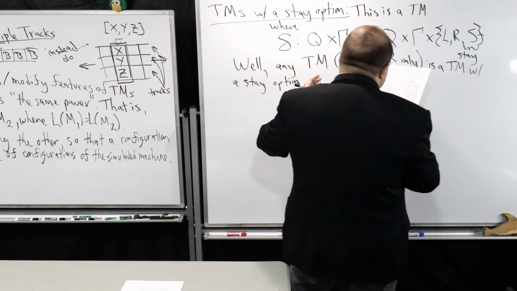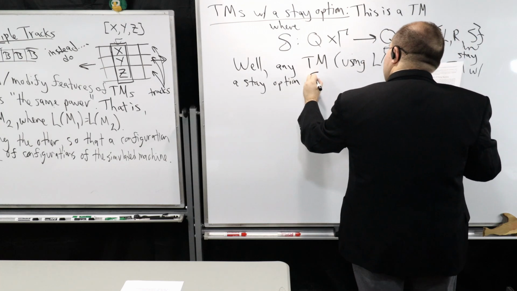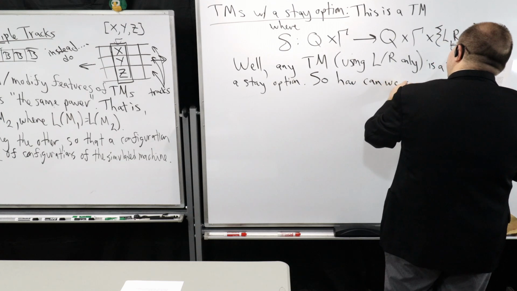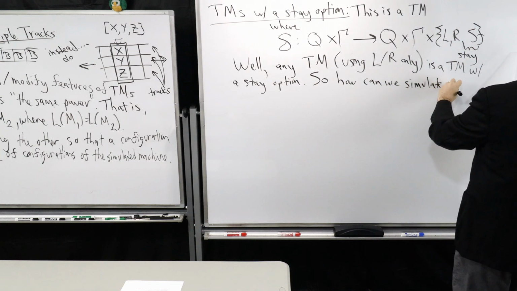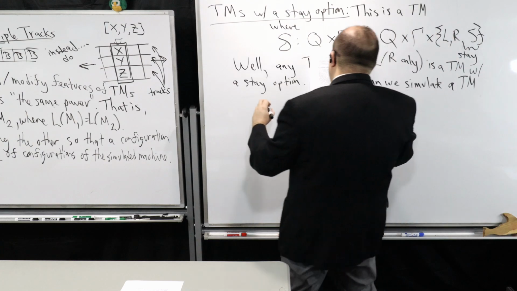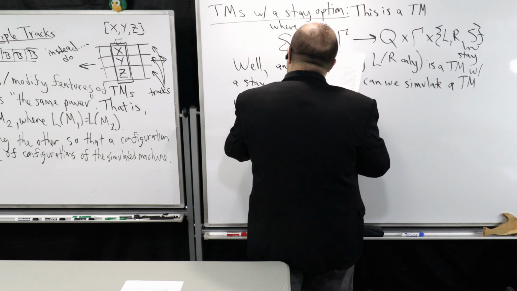So that's one direction of that equivalency. So how can we simulate a Turing machine with a stay option?